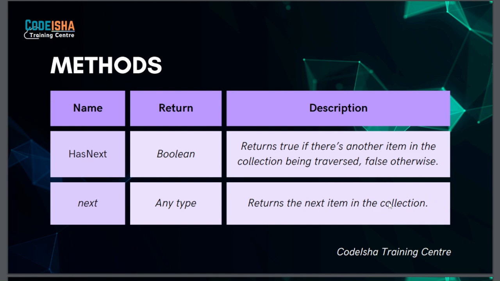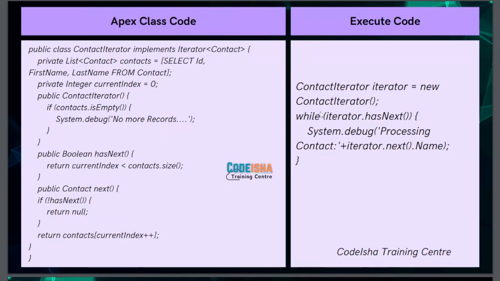If you have one or two more values, it will return them one by one. See here the code snippet about the custom iterator. Now we have to implement this code practically.